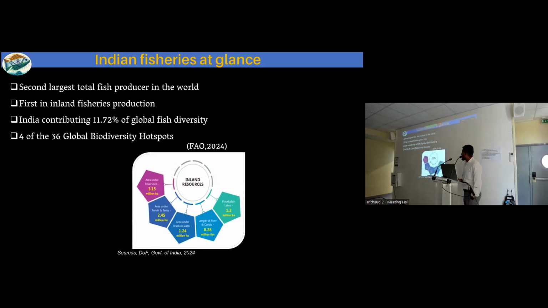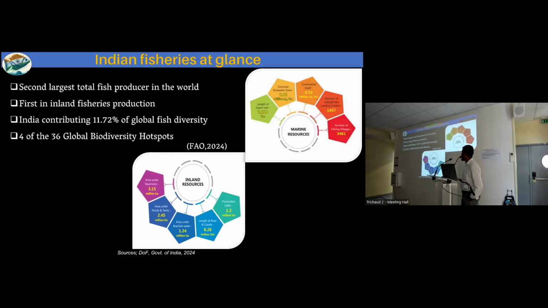It also has extensive inland and marine resources, comprising huge areas of reservoirs, ponds, canals, huge networks of rivers, and floodplain wetlands. For marine resources, one of the longest coastlines and extensive resources support millions of fishermen in India.